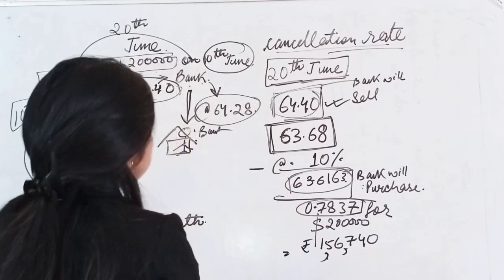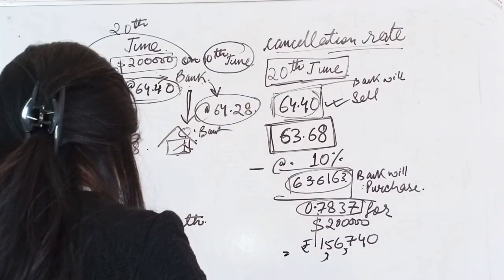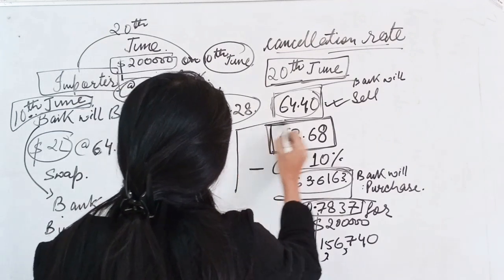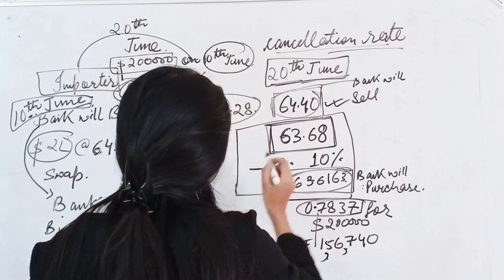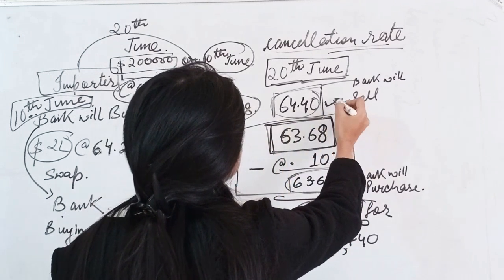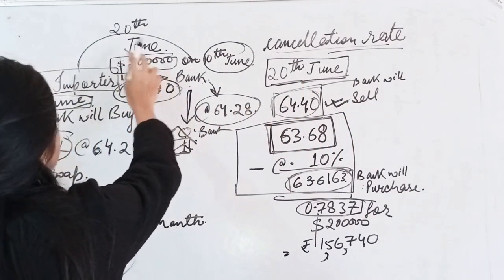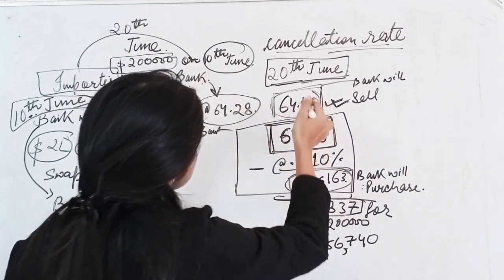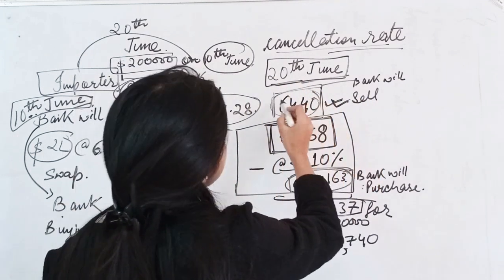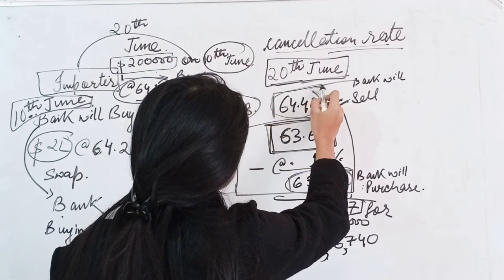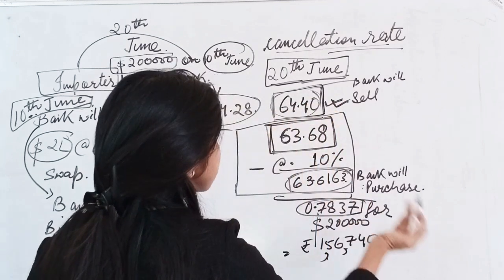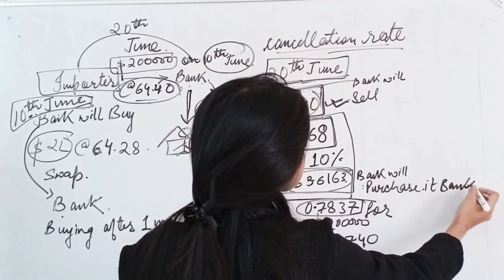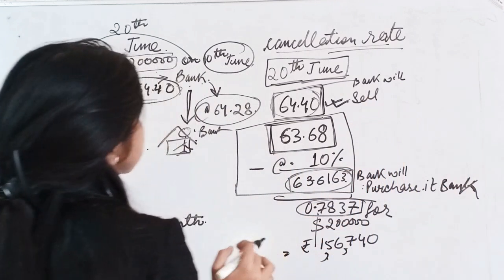Okay. So the first part of the question is asking for the cancellation rate, and this is the cancellation rate. This is the agreed forward contract rate, which was done on 10th of April, I guess. Yes, 10th of April. When it comes to 20th June, the bank will say, you have to purchase the dollar from me at this rate, and the bank will purchase it back, just because the importer doesn't need it on 20th of June.